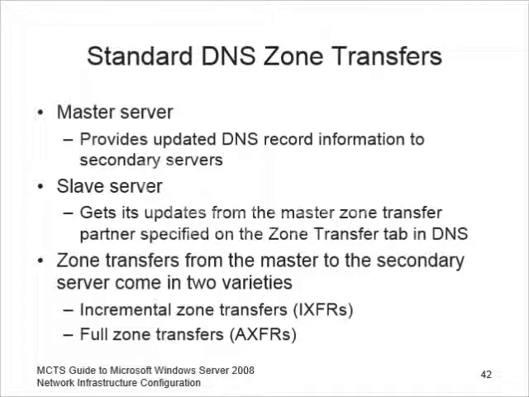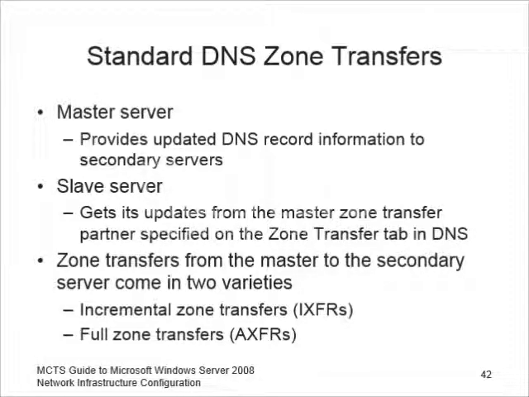DNS servers can host one of the following two roles in the replication process: master server, which provides updated DNS record information to secondary servers, and slave servers, which get their updates from the master. Zone transfer is specified on the Zone Transfer tab in the DNS.